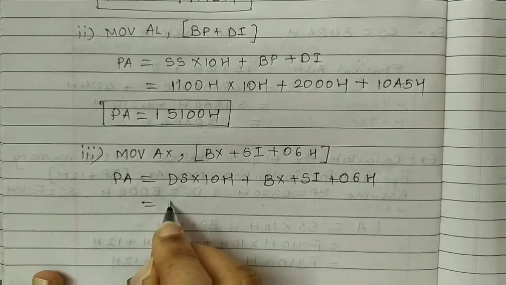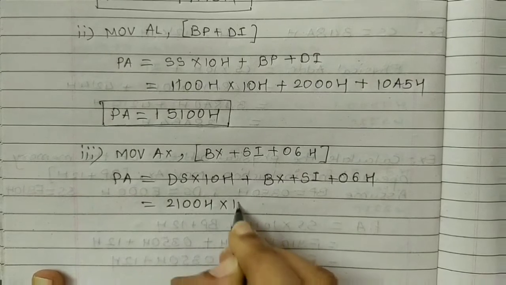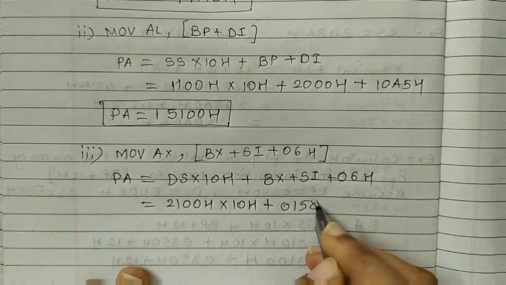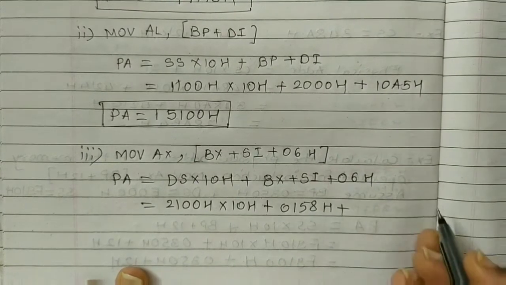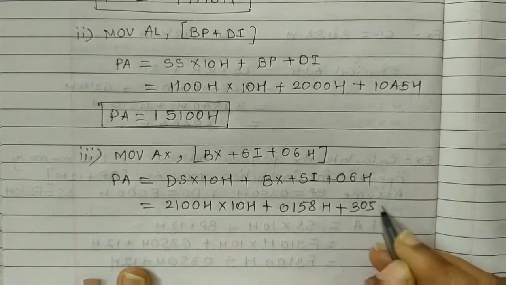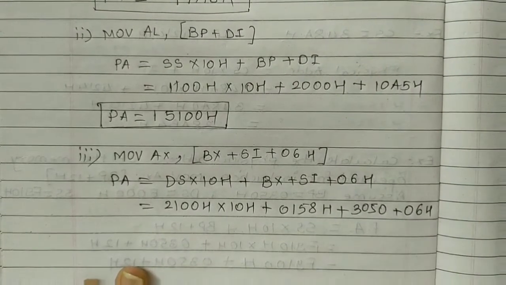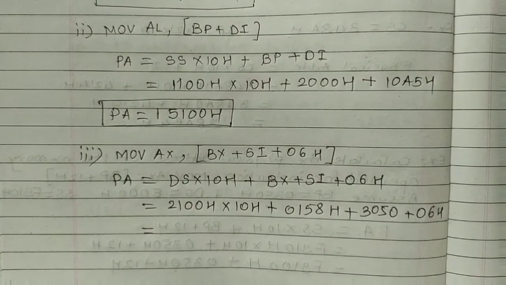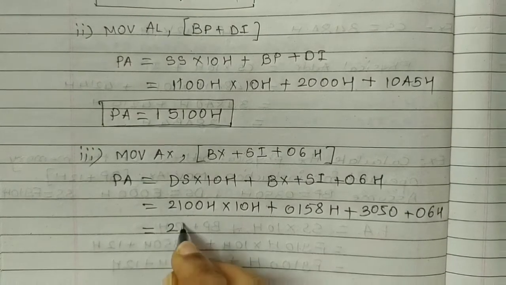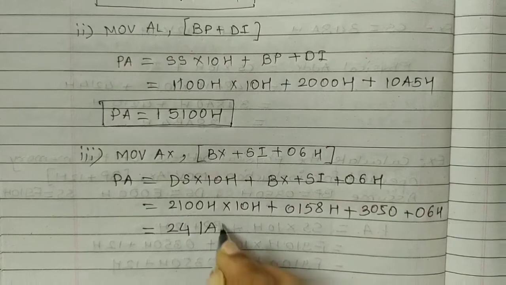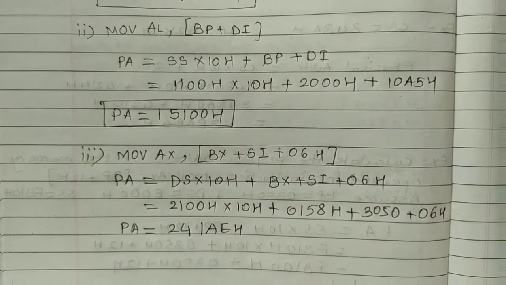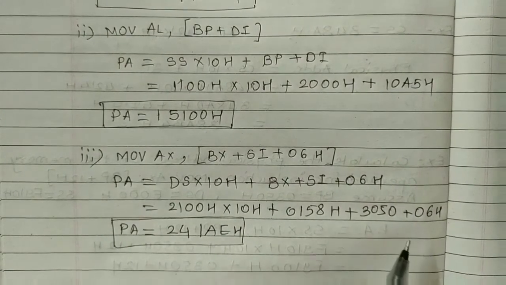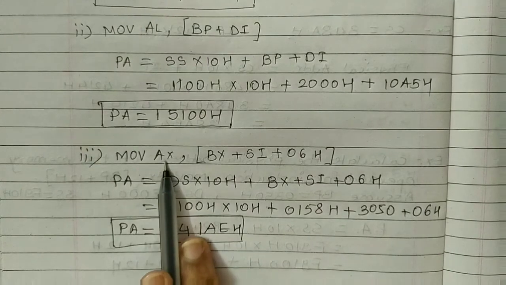DS is given as 2100H into 10H plus BX is given as 0158H plus SI is given as 3050H plus 06H. Final answer for physical address calculation is 241AEH. So this is the physical address for the data from the memory location which has moved into AX register.